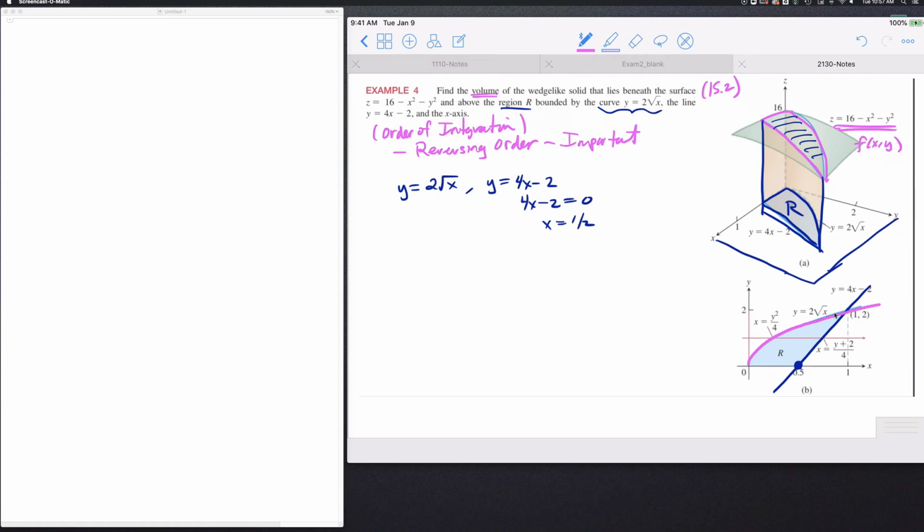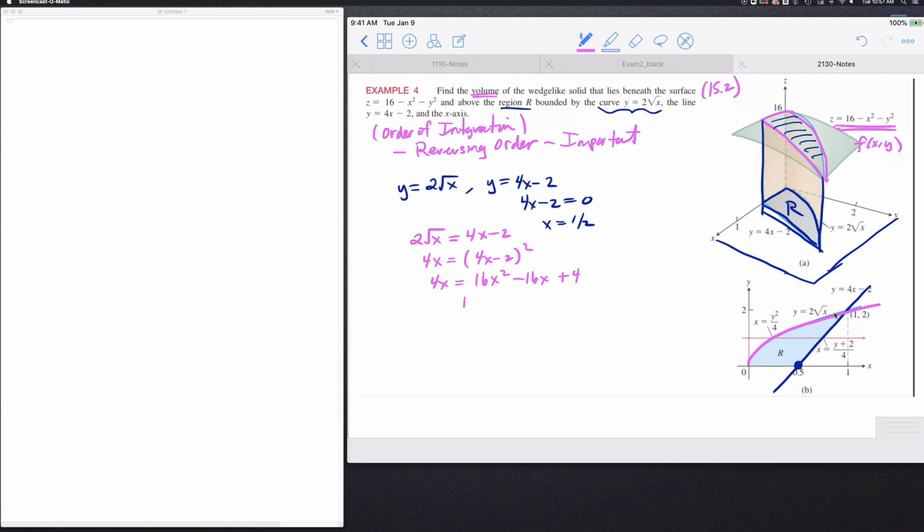It's possible to see that the 2 square root of x function intersects the line. Maybe we would need to square both sides. So it'd be 4x is equal to 4x minus 2 squared. Expand this out, so that'd be 16x squared minus 16x plus 4.